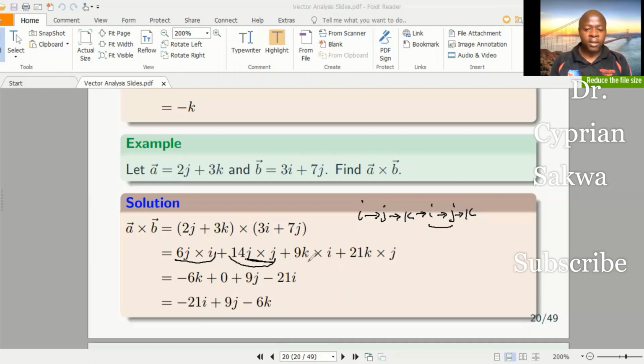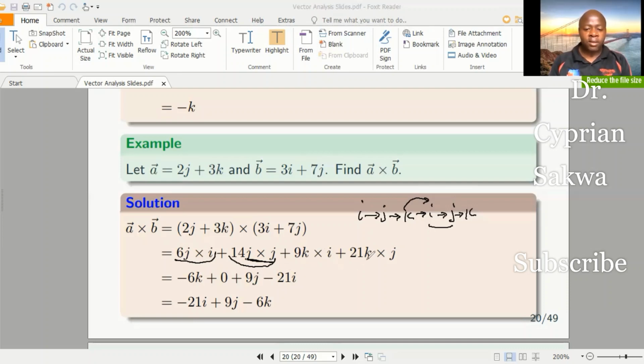Then next I have K cross I. K cross I here is in this forward direction, so the answer will be positive J. So this becomes 9 times positive J, which gives us 9J.